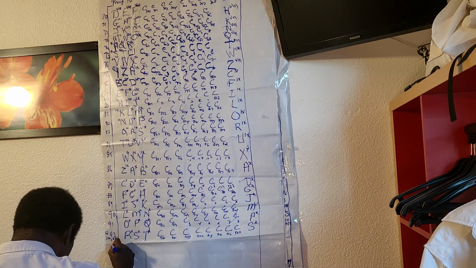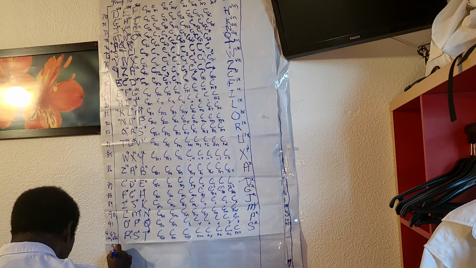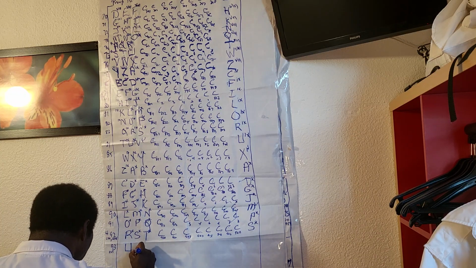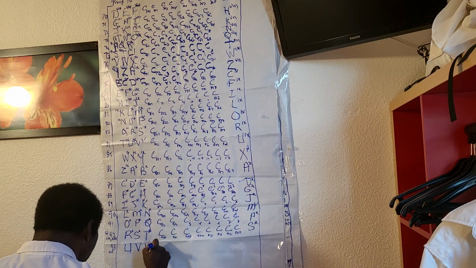We have 93, neptunium, that's an atomic weight of 237, and U, V, and W to the X's here.